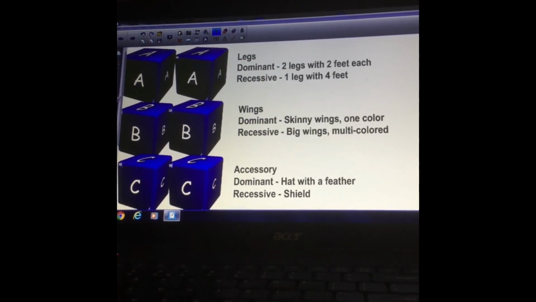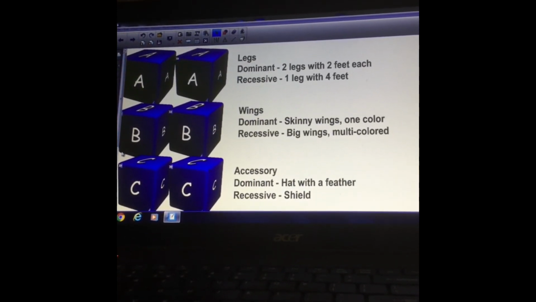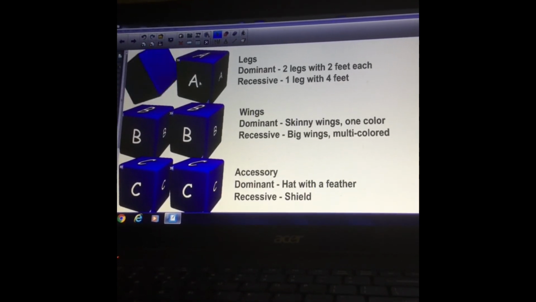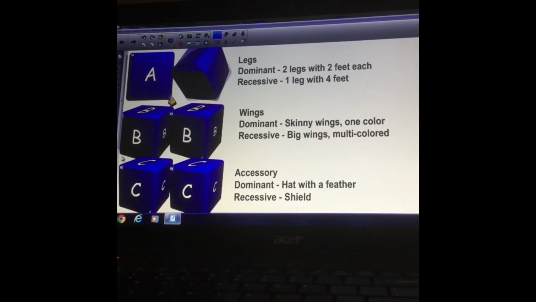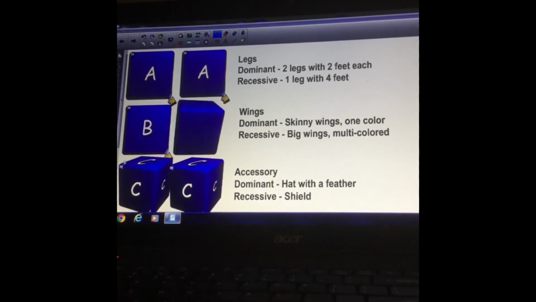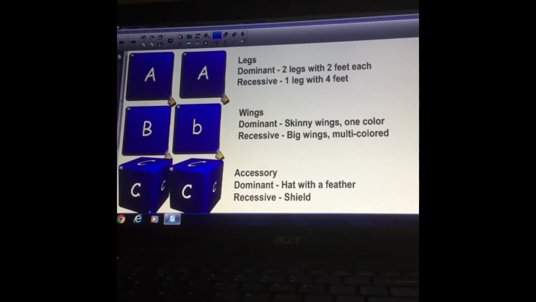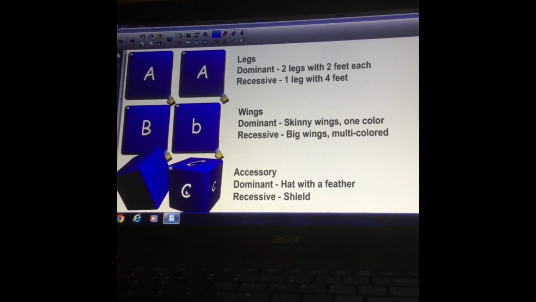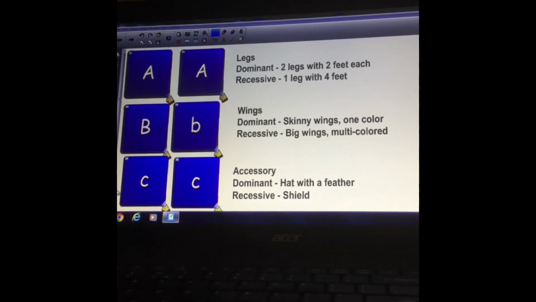And the last set, legs, wings, and accessory. So here's our legs. Wings. And accessory.